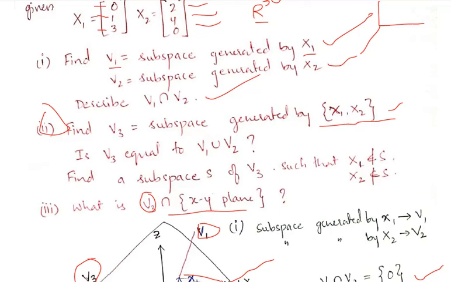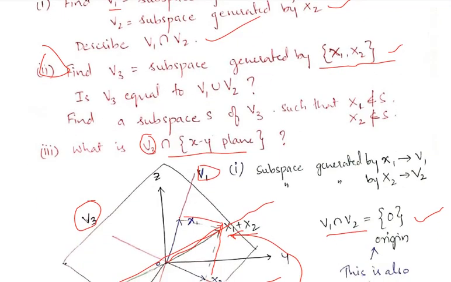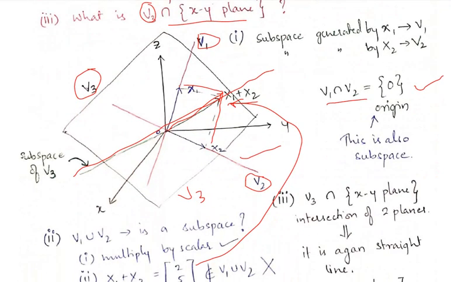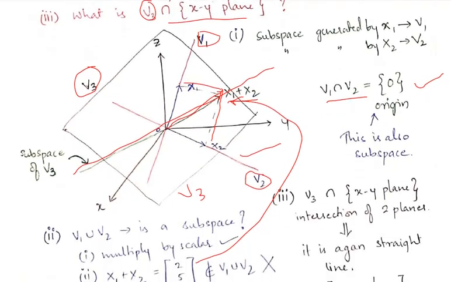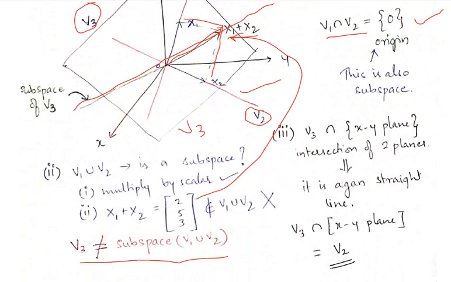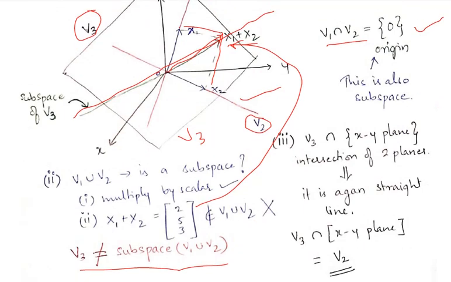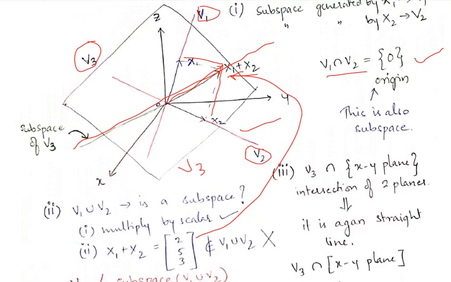Okay, the third question is: what is V3 intersection XY plane? For example, you can take a book, and the joint of a book is always aligned, right?